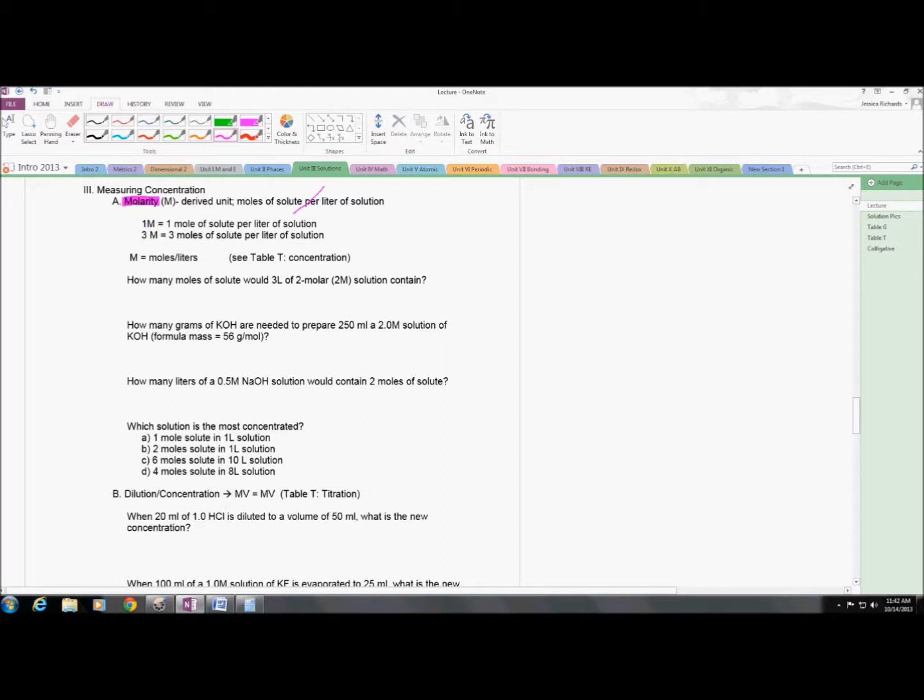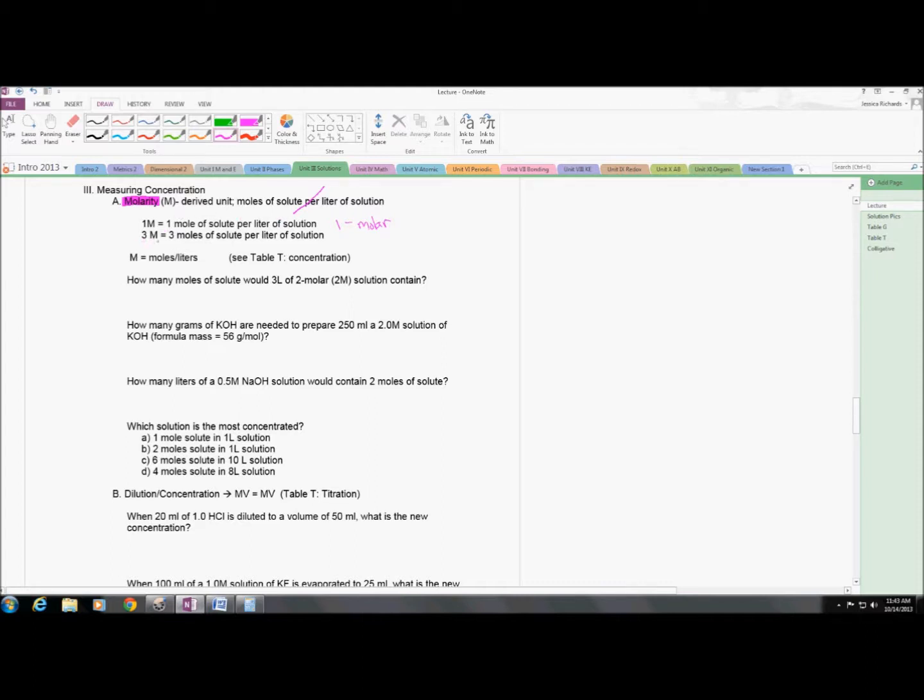When you see a 1 capital M, you read that as 1 molar, and molar is different than moles. Molar means molarity, and that means that you have 1 mole of solute per every liter of solution.